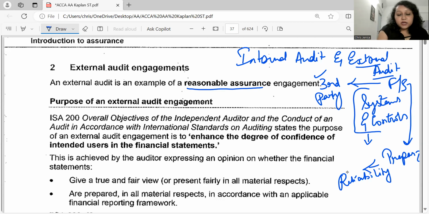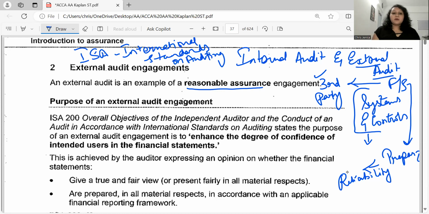Now, giving you an introduction to the International Standards on Auditing. We will be using these ISAs in order to do the external audit engagements.